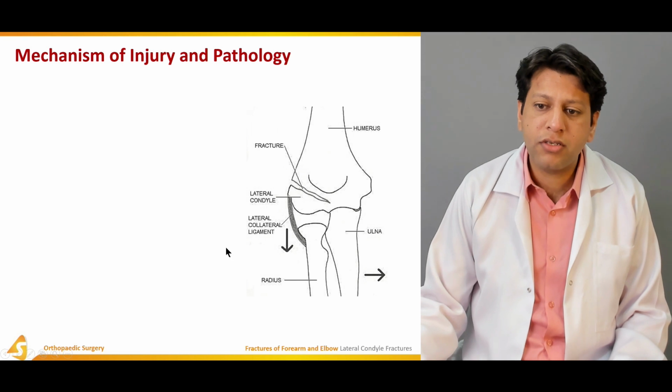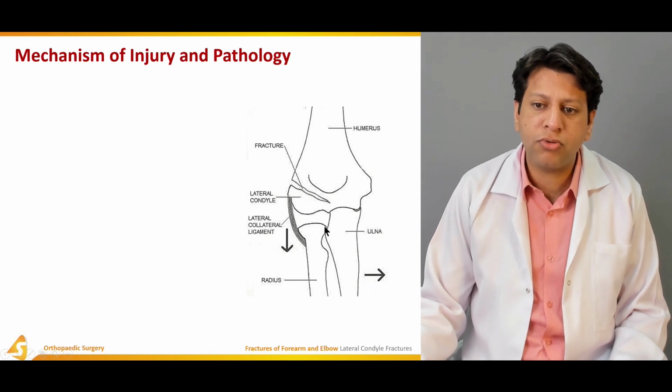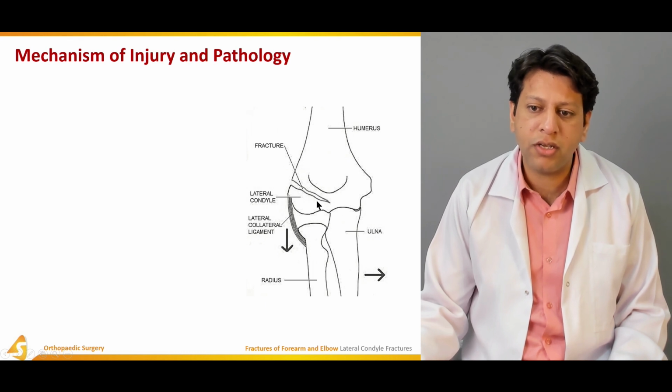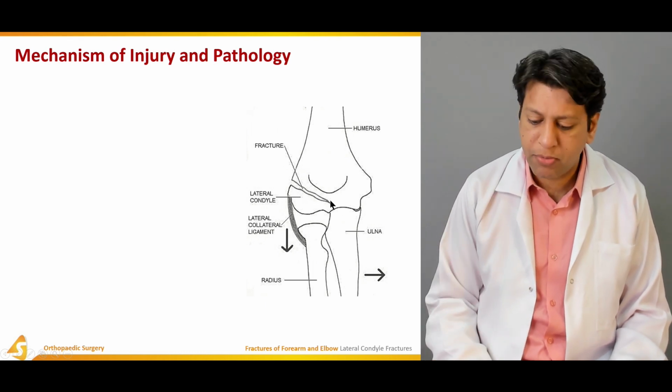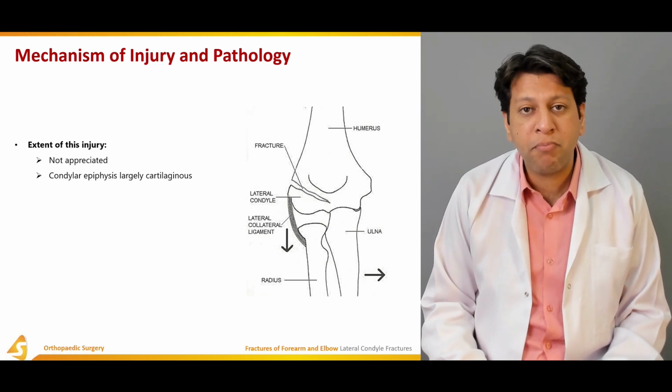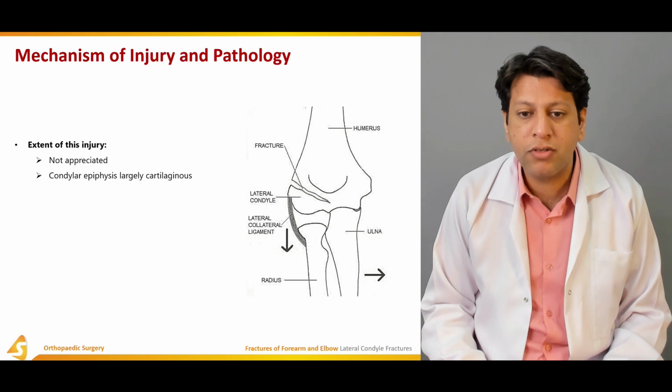Now if you see, this is the trochlea, this is the capitulum trochlear groove. If the fracture line goes to this level, it involves the metaphysis, physis, as well as the epiphysis. But if the fracture line stays over here, this is a type 2 injury in which only the metaphysis and physis are involved.